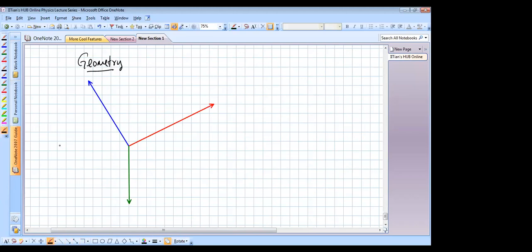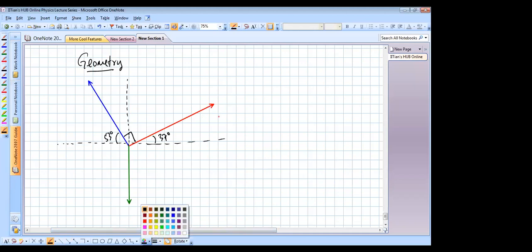So what was happening here is that with respect to my x-axis, you could see that this angle was 37 and this angle was 53. So that also meant that this angle is 90. So as far as A and B is concerned, they are perpendicular vectors.